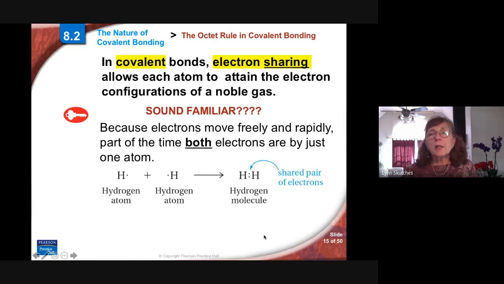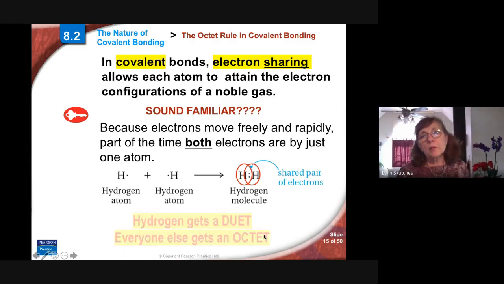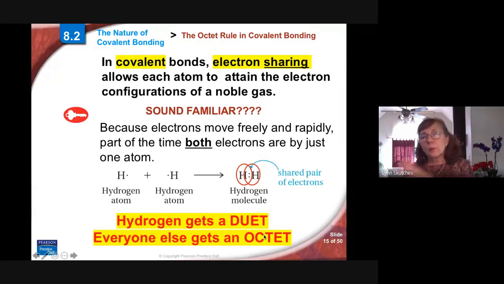Again, the best that hydrogen can do, since it only has one valence electron and shares with another atom one valence electron, is get the configuration of helium, which is 2 valence electrons, but it's still a noble gas configuration. Right? So it's either a duet, 2, or an octet, and octet is 8.